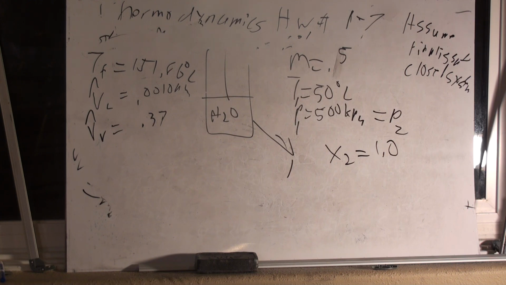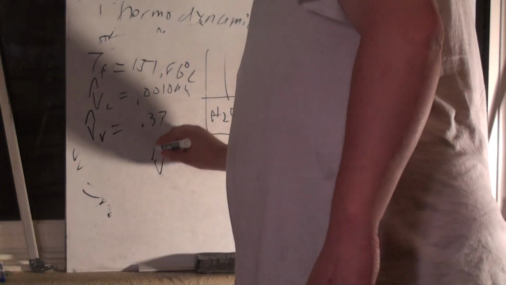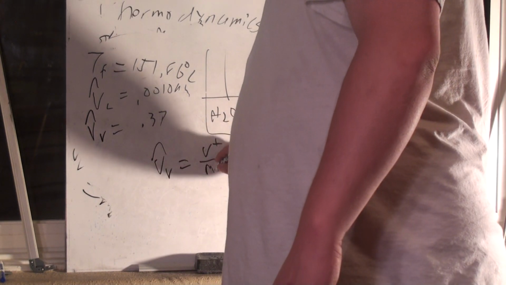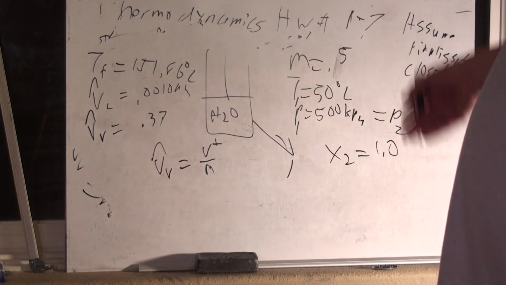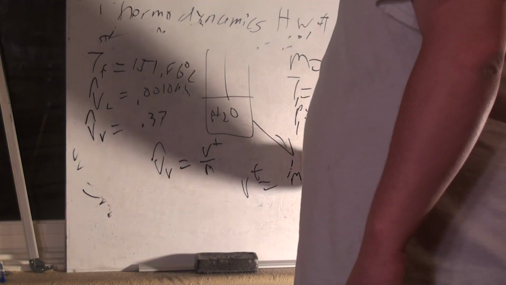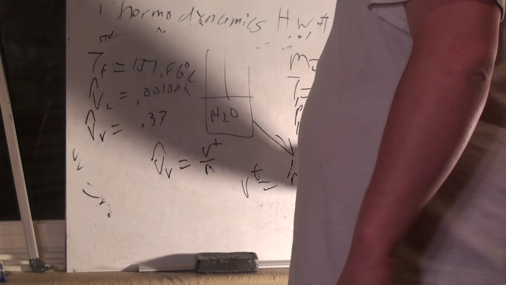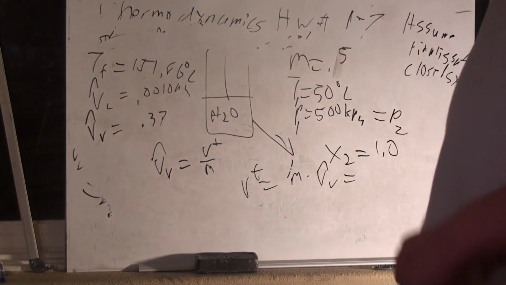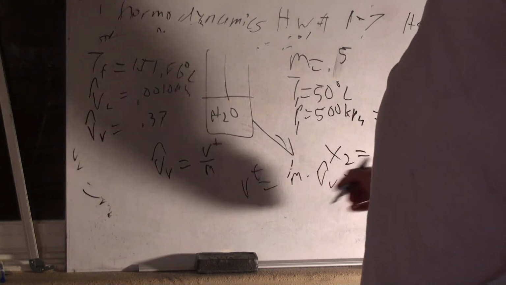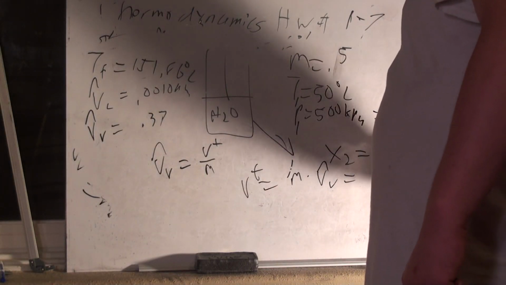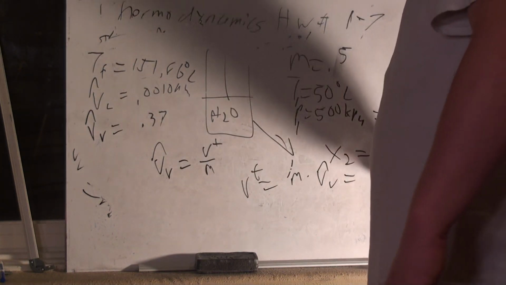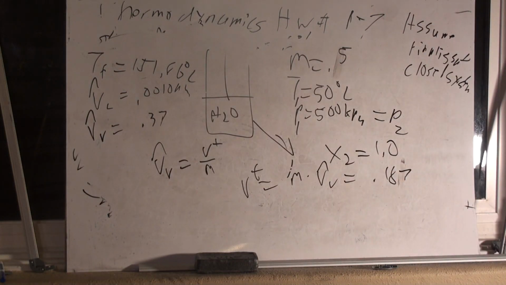Now, what's the total volume? Well, again, we just have to look at the definition of a specific volume, which is the total volume divided by the total mass. And if I know the mass is 0.5, well, the total is equal to the mass times the specific volume. So half of that is, I don't know, 0.185, but there was that 4 in there, so maybe 0.1857.